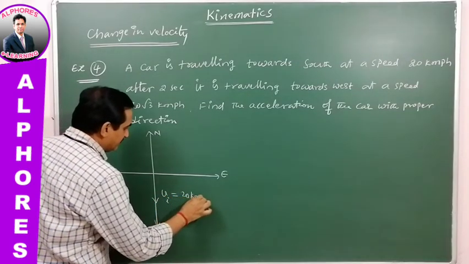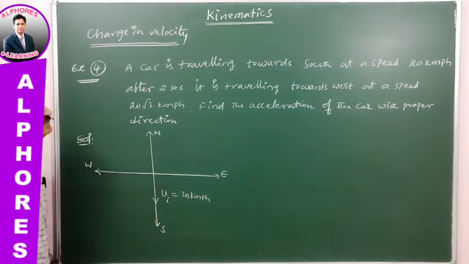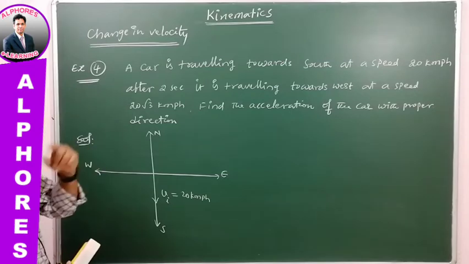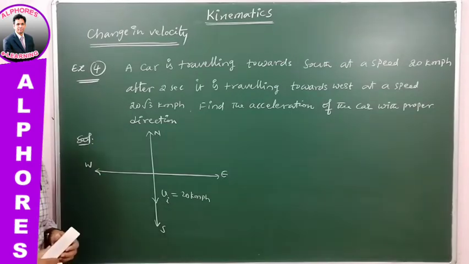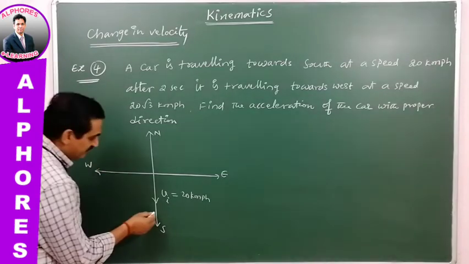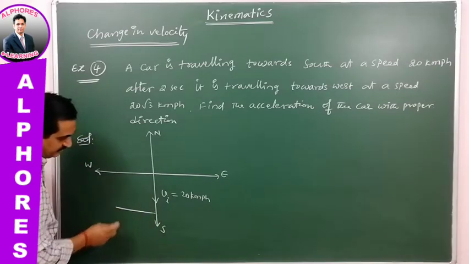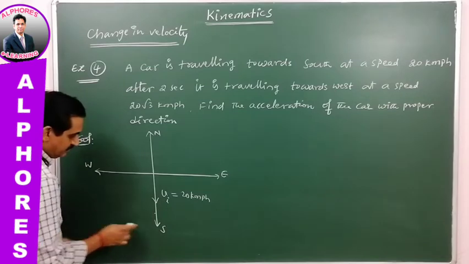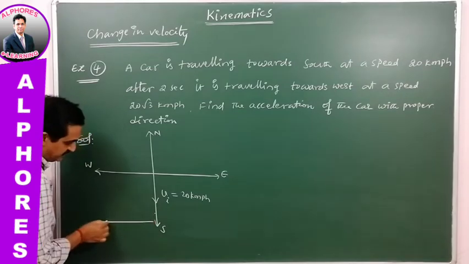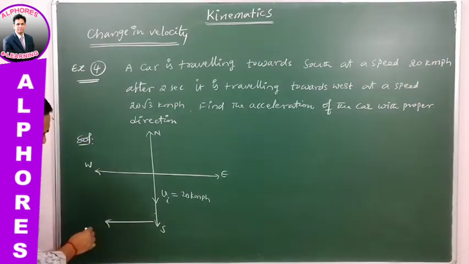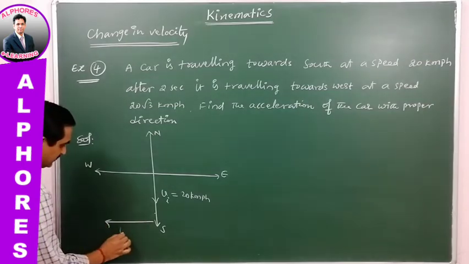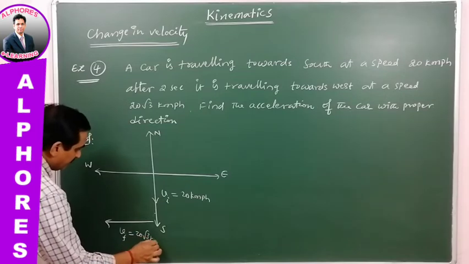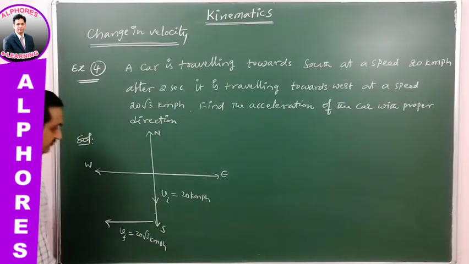After 2 seconds, it is traveling towards west at a speed of 20√3 km per hour. This is the west direction, which is the final velocity, 20√3 km per hour.